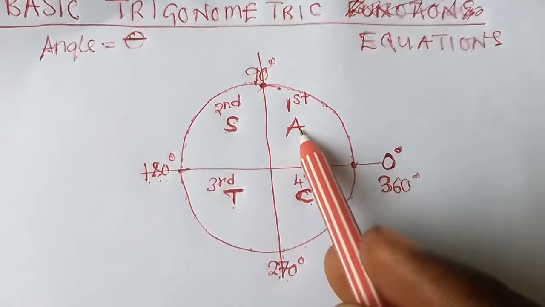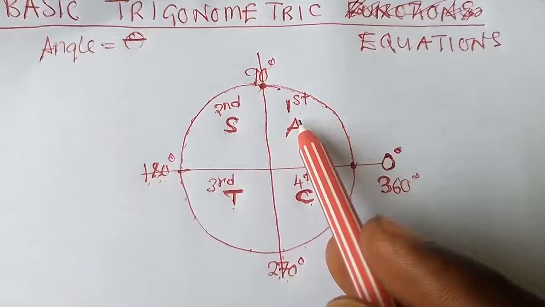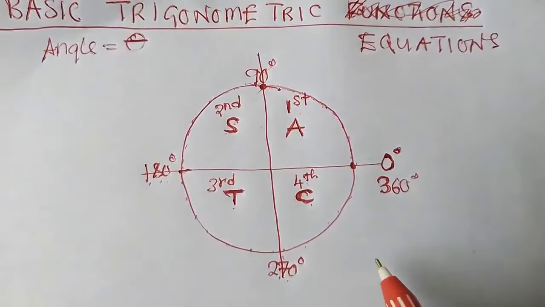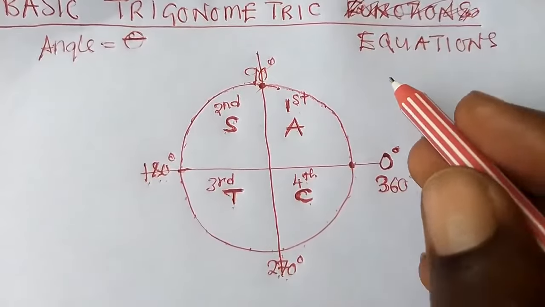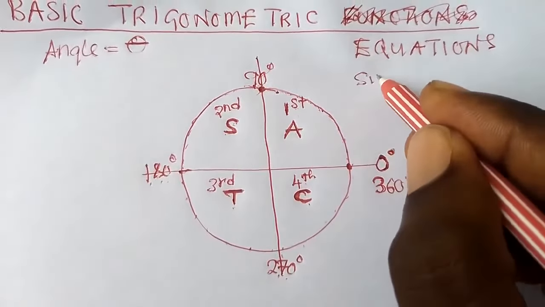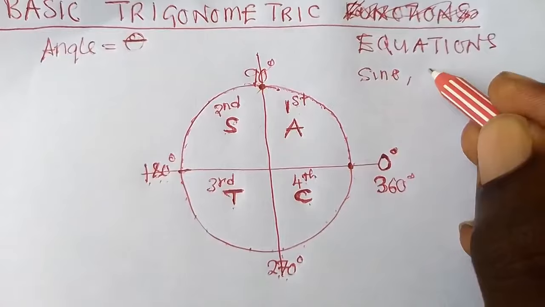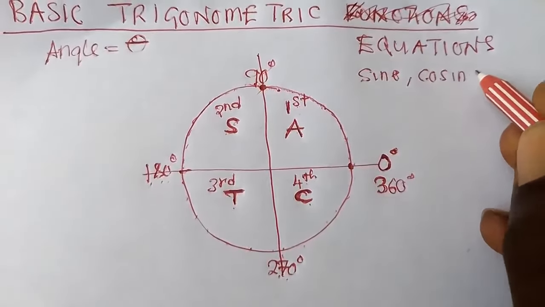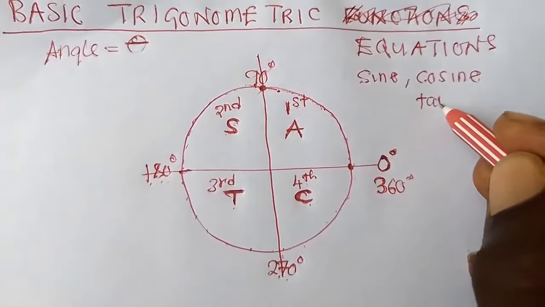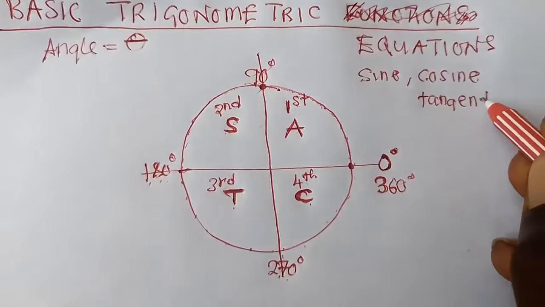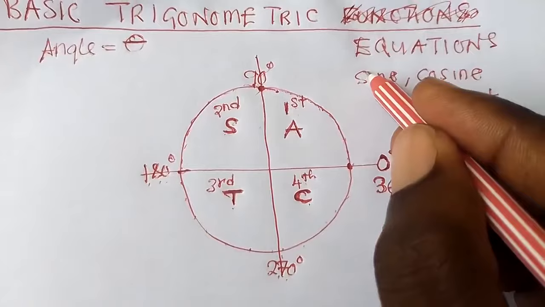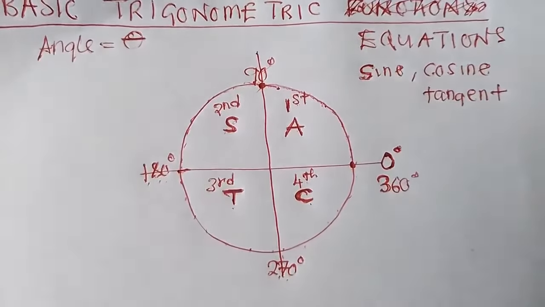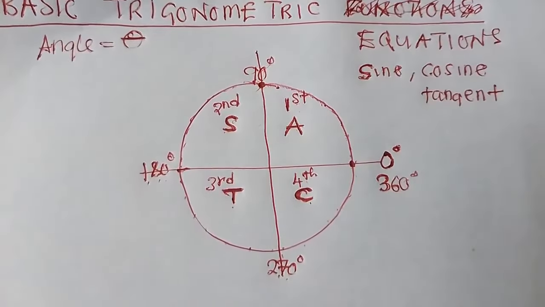So A here means all. You know that we've got these three things: sine, cosine, and tangent. If you are grade 12s, or under grade 12, we are only limited to these. Unless you're doing advanced mathematics, that's when we talk about cotangent and secant.